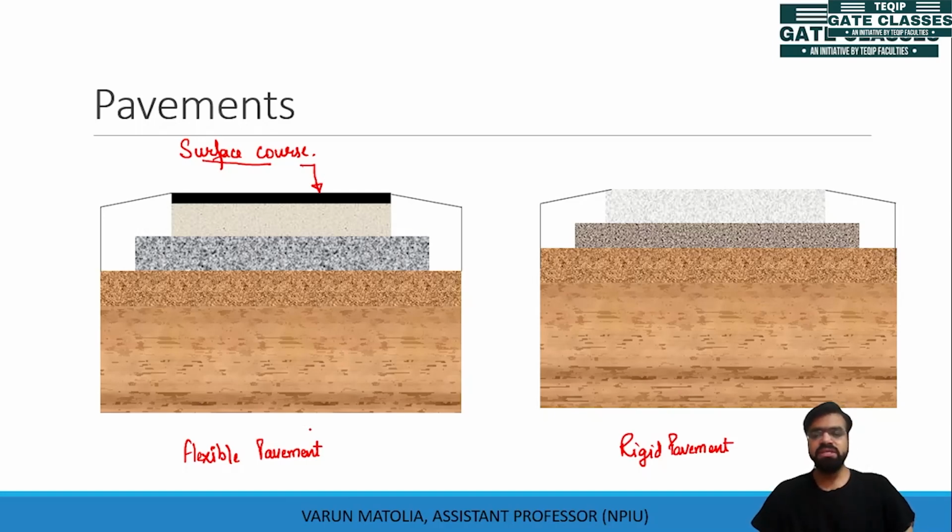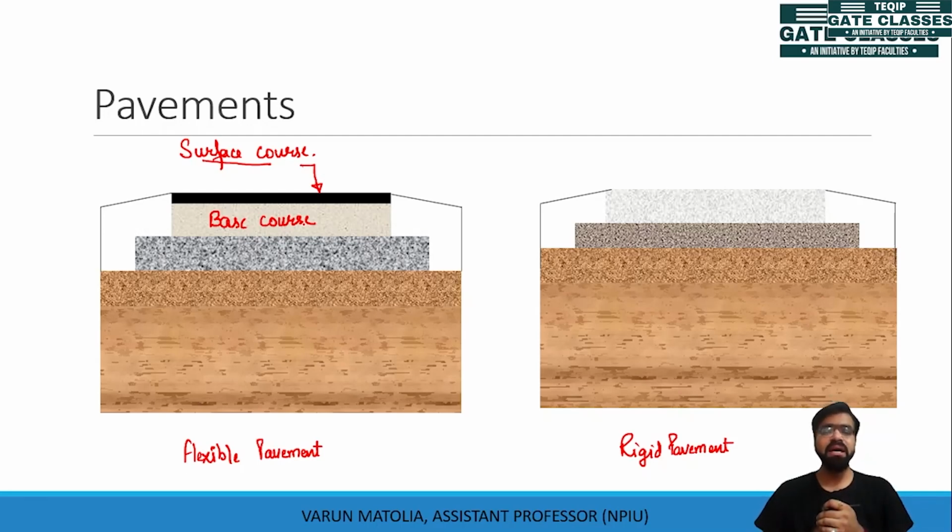Then the layer which is supporting your surface course is known as your base course. It is a layer of broken stones which supports your surface layer. These broken stones are quality aggregates which allow water to move through them.